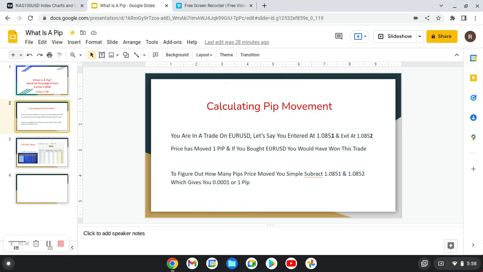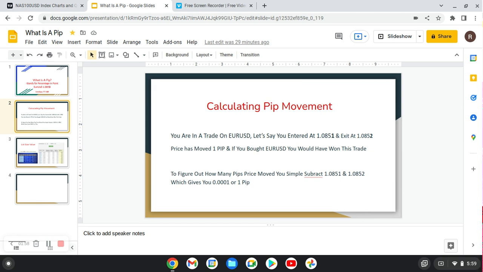So calculating your pip movement now, and this is basically just how much money you want to make, how much money you made. It's very simple. I have an example here. Let's say you're in a trade on Euro USD, and you entered at 1.0851 and you exited at 1.0852 and you bought Euro USD.